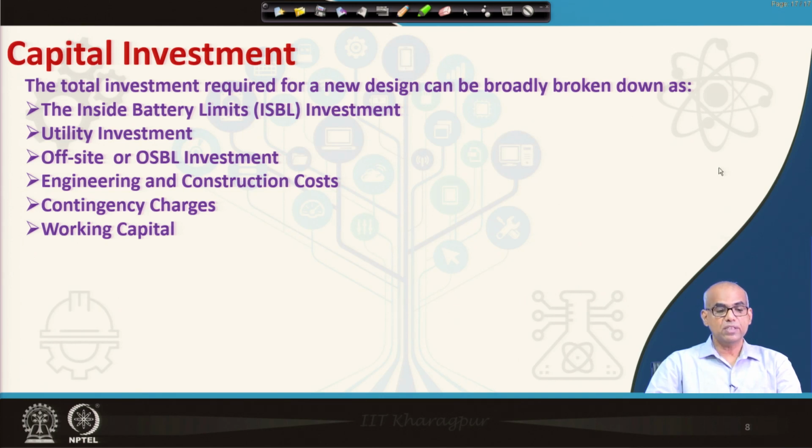Let us define these two terms here, inside battery limit investment and offsite or OSBL investment. The other terms you are familiar with: utility investment, engineering and construction cost, contingency charges, and working capital, we will see more about later.